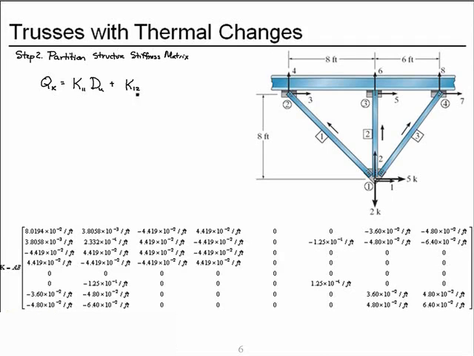plus K12, which refers to the portion of the stiffness matrix for the forces generated at degrees of freedom that are unconstrained due to displacements at degrees of freedom that are constrained.